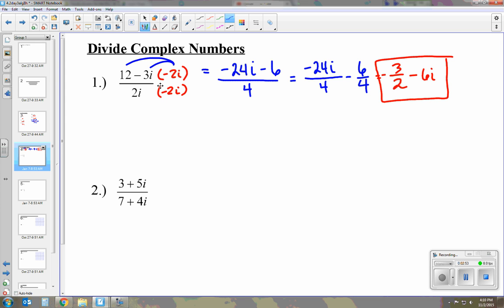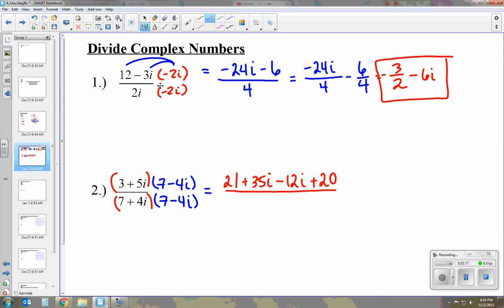We're going to multiply by the conjugate, which is 7 minus 4i. And we have to FOIL. So that's going to be a 21 plus 35i minus 12i plus 20. All over, and since we already know that the middle values are going to cancel out, let's just multiply the first and the last. So that's going to be a 49 plus 16.